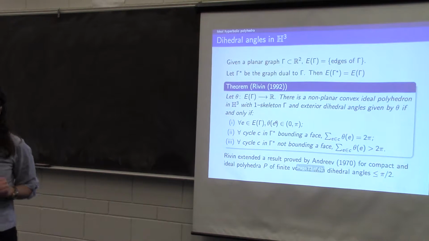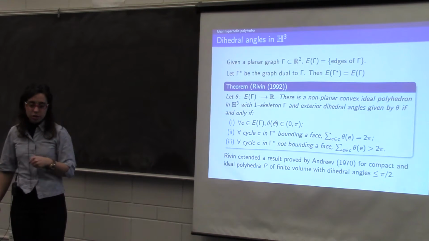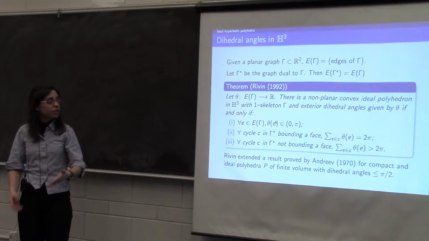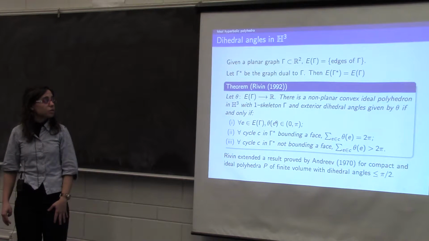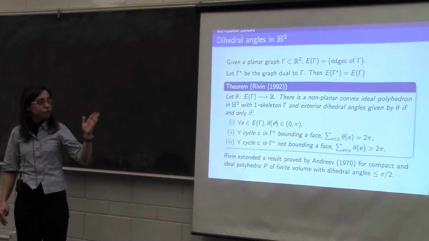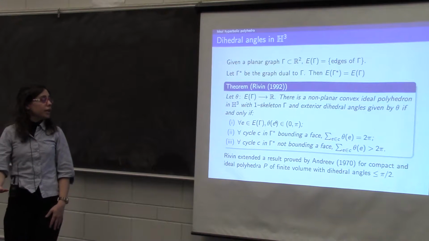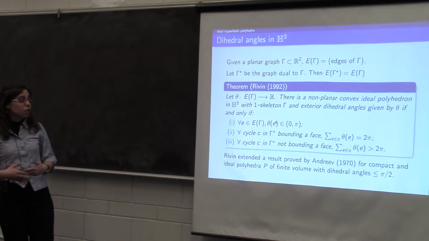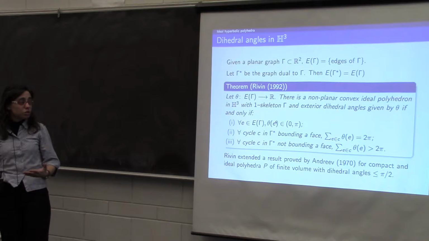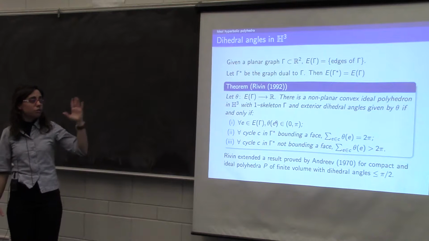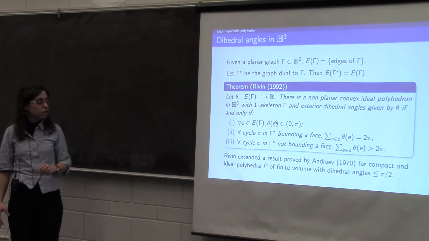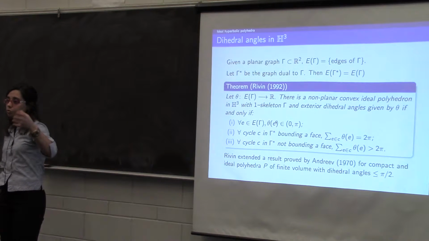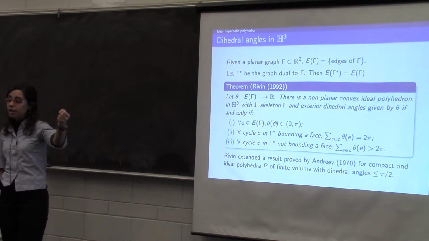This is the characterization of ideal hyperbolic polyhedra in terms of dihedral angles. We have a graph gamma, and E of gamma is the set of edges, and we will use the notion of this dual graph, but the set of edges is the same. Then I give you an assignment of an angle: for every edge, I give you a real number.